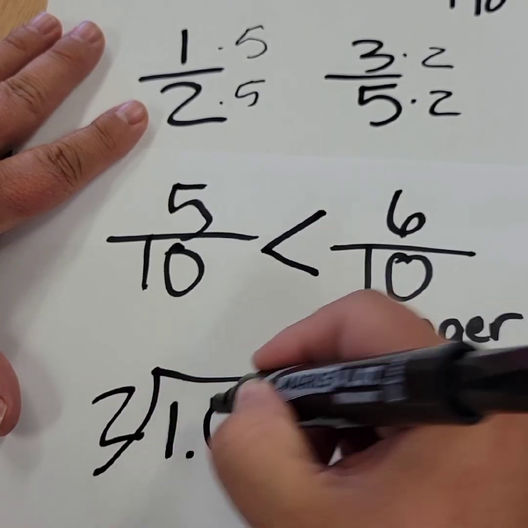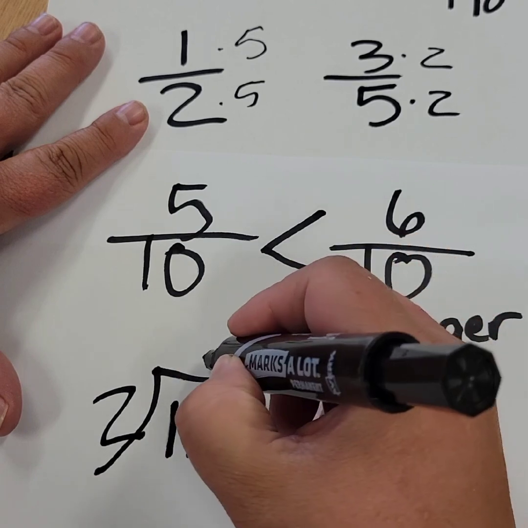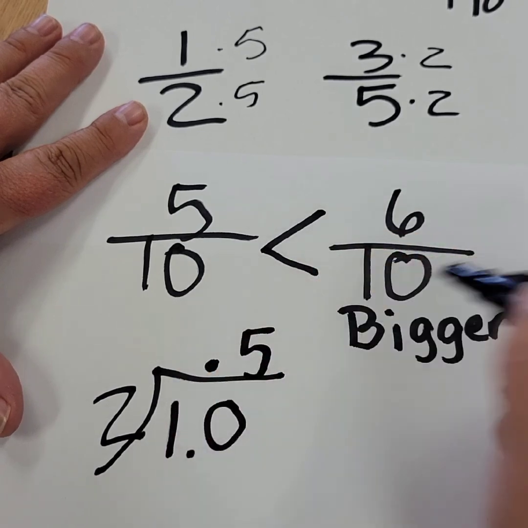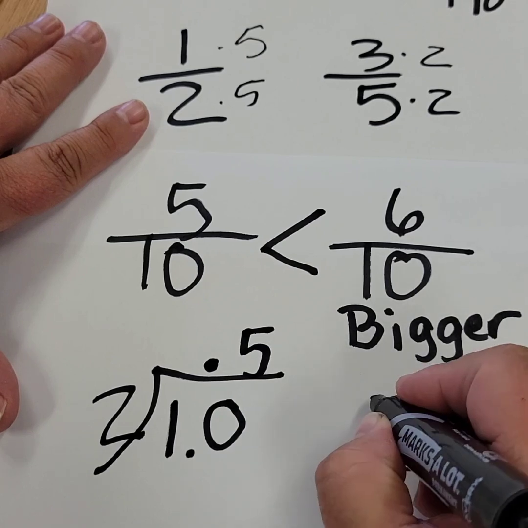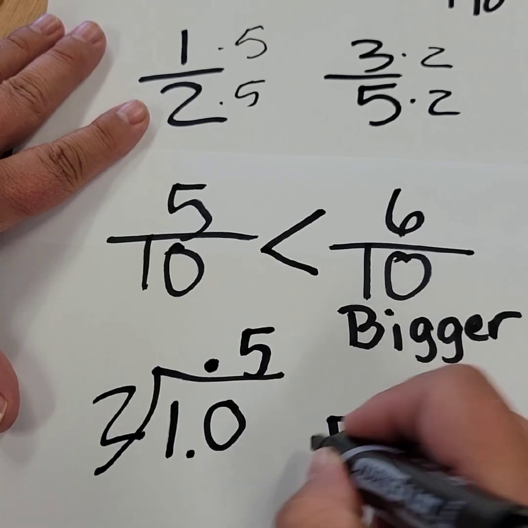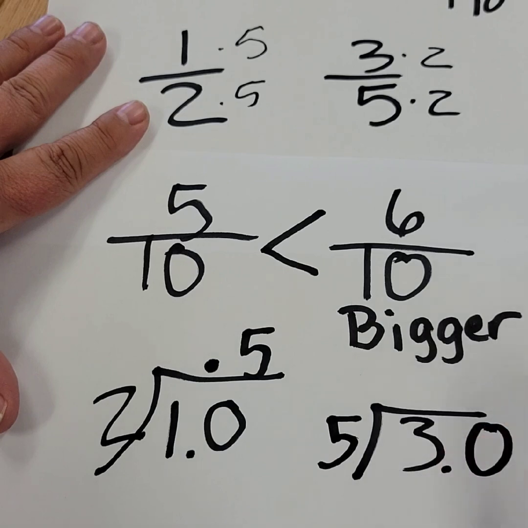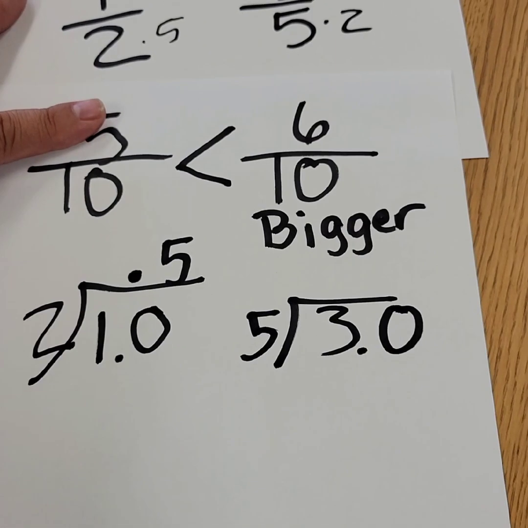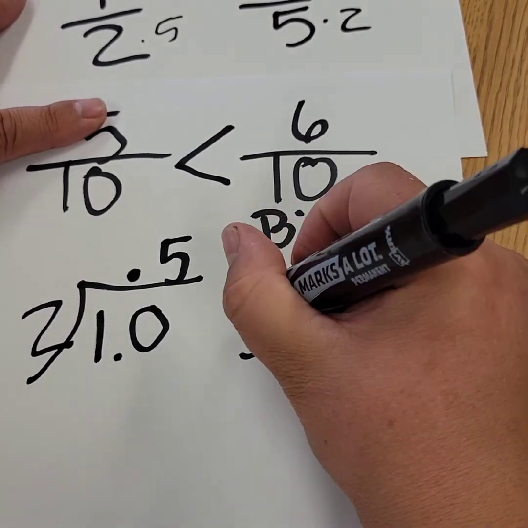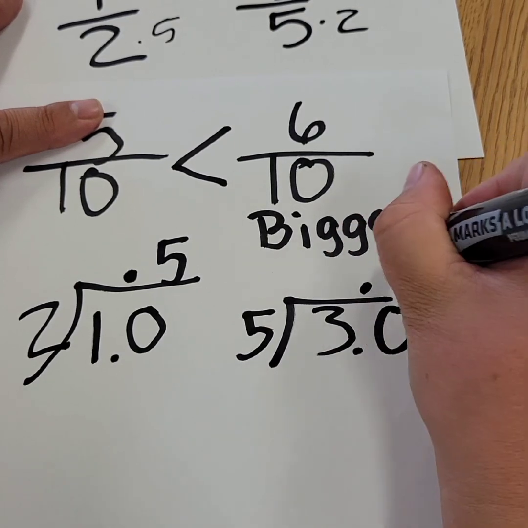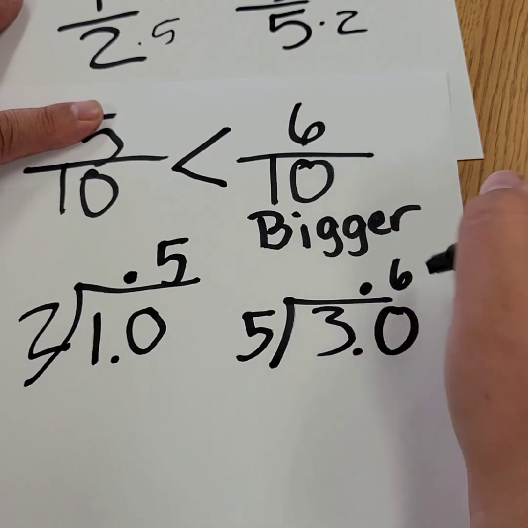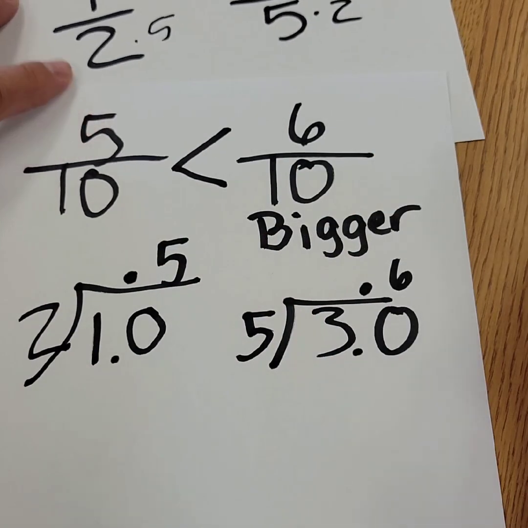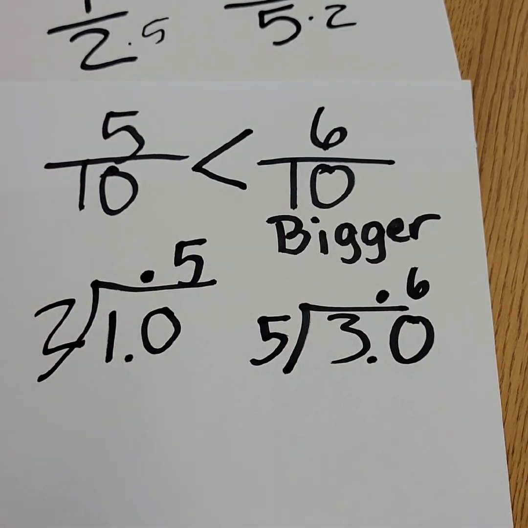So 2 goes into 10.5, and then 5 goes into 3, so we change it to 3.0. This is just kind of a reminder. So then 5 goes into 30 6 times. So this one is bigger because it's 6/10 versus 5/10. So that's another way you can do things. So hopefully that makes sense.